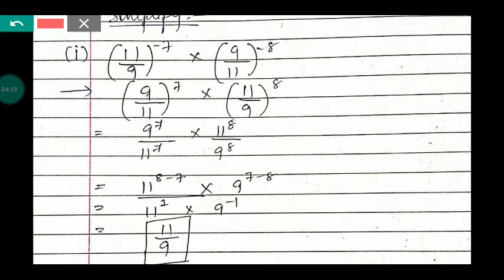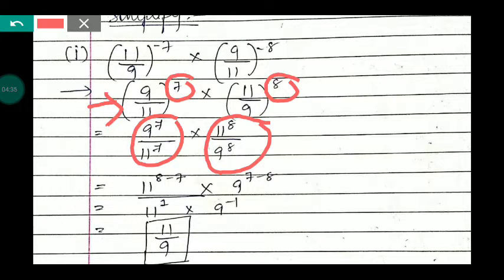By using the laws of exponents, this power is shared by both the elements. Here in this step, the reciprocal is done so that the power has turned into positive. Now in this step, it carries power positive by both the elements.